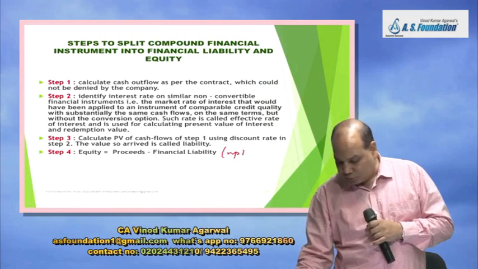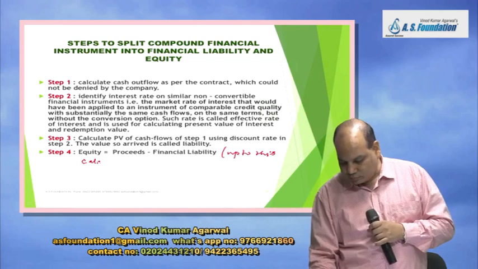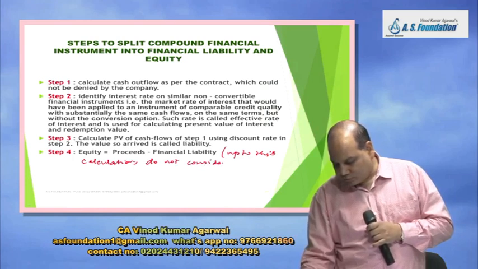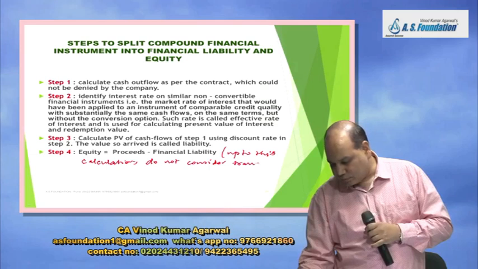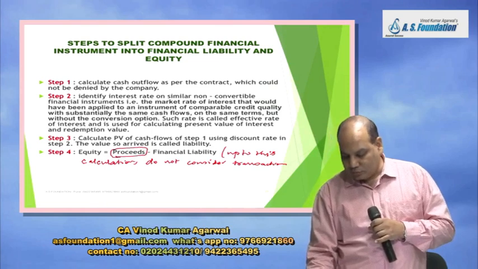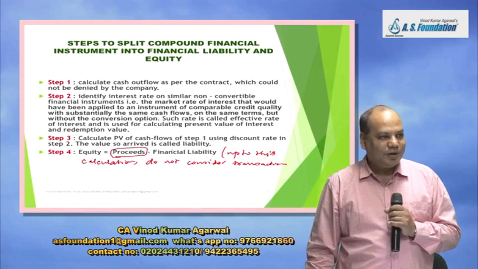Up to this calculation, do not consider transaction cost. Because if you deduct transaction cost right now from the proceeds, then it will not get allocated in the ratio of debt and equity.